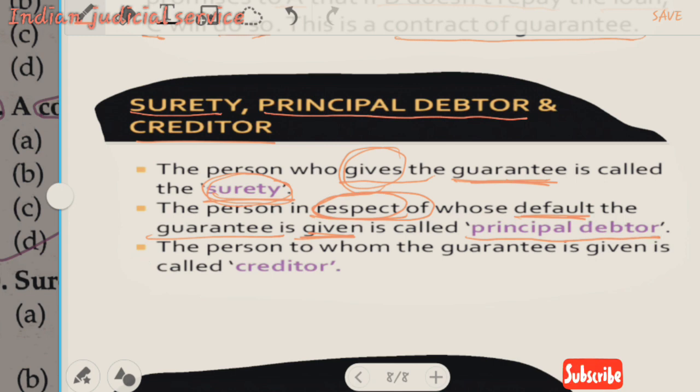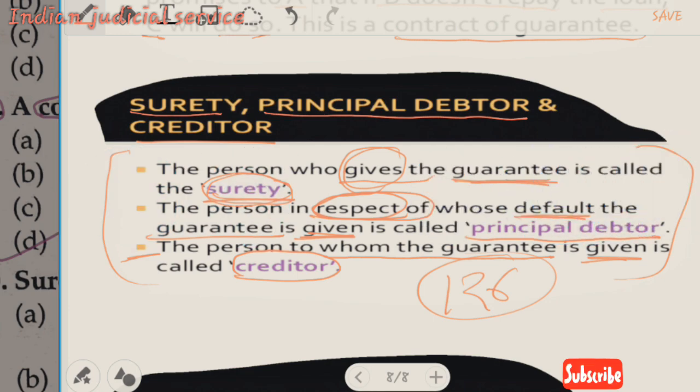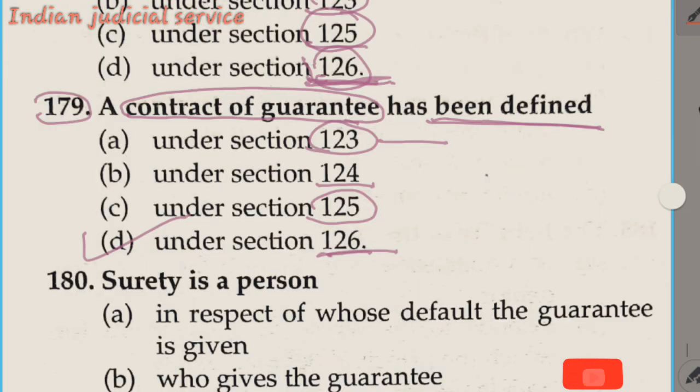And the person to whom the guarantee is given is called the creditor. So these terms are related to the contract of guarantee under section 126. Now come to our question. Section 126 deals with the contract of guarantee, so the answer here is option D.